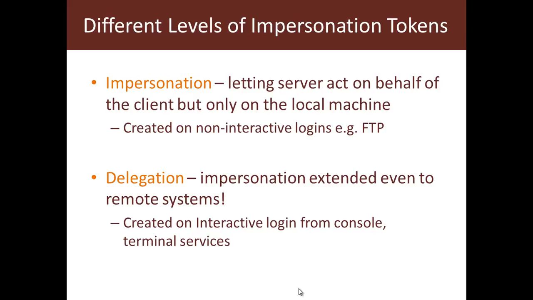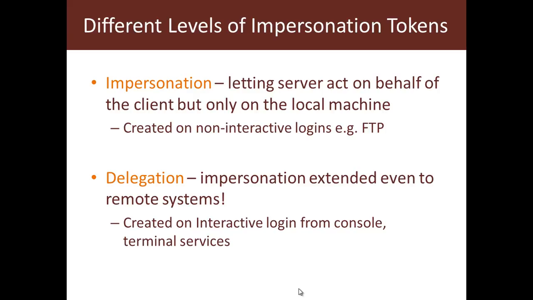Well, the basic one, which is just impersonation, allows the server to act on behalf of the client, which is the user, but only on the local machine on which the server is running. Typically FTP, SSH would be examples. Impersonation tokens are actually created through non-interactive logins. The other is delegation level impersonation tokens.